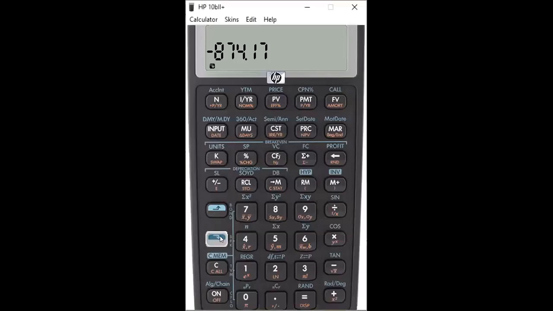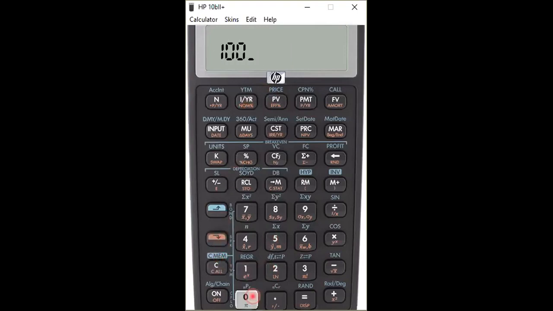So the emulator I have is for an HP, so I'll just take you through that using an HP calculator. A lot of this is just revision. So you would just put your 10,000 as a negative, then you would say 5 by 12, as in 4.8 divided by 12 as your interest, and then you would get your, actually first you should check to see your calculator is on 1 PYR.